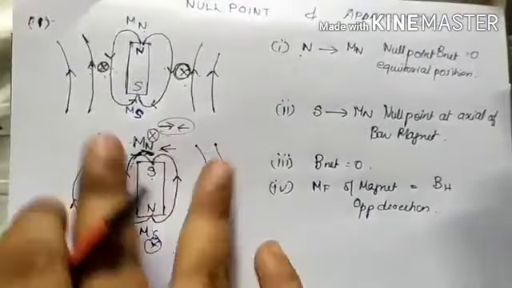So at those points, let's consider the second case. The null point is at the axial point. So the axial point's magnetic field is what? Mu 0 by 4 pi, 2m by x cube. That should be equal to which value of the Earth? That should be equal to BH, the horizontal component of the Earth. That's how you're supposed to do the problem. Okay, I hope you understood this much portion, guys.